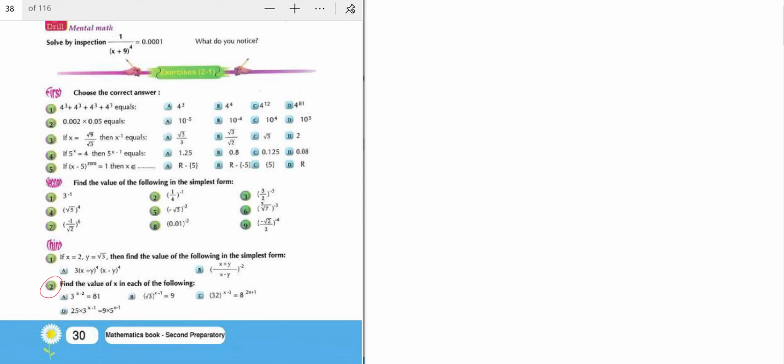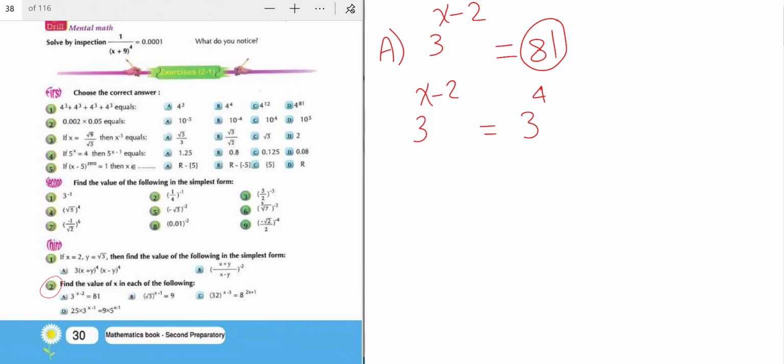Find the value of x in each of the following. Exercise number 2, a: 3 power x minus 2 equals 81. 81 is base 3 power 4, 81 equals 3 power 4.